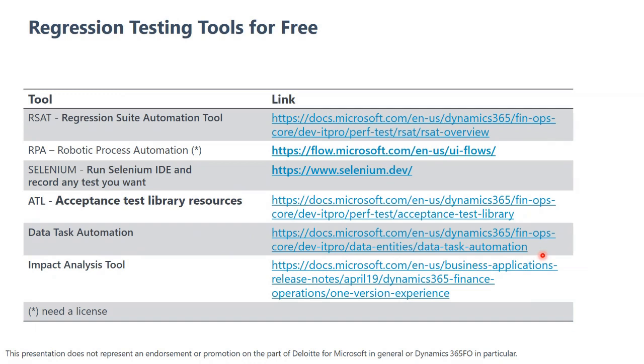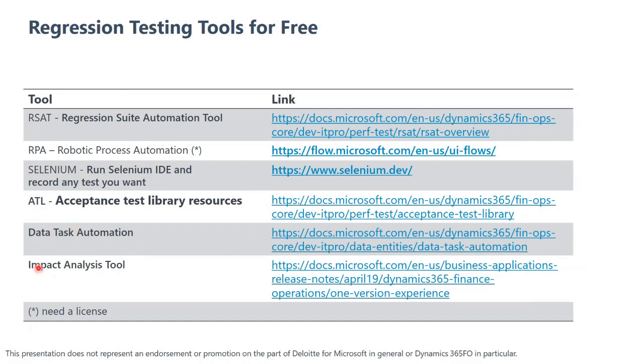Asset ATL, acceptance test library resources, and data task automation. Mainly data task automation is very powerful to simulate massive data entry. You know, it requires some coding, so RSAT no. This is the reason why I'm a fan of RSAT, because at the end we can do everything with RSAT.